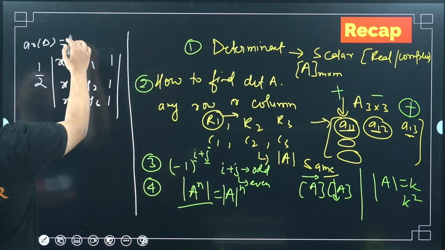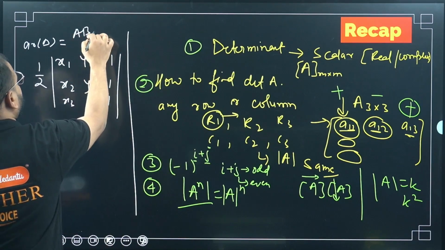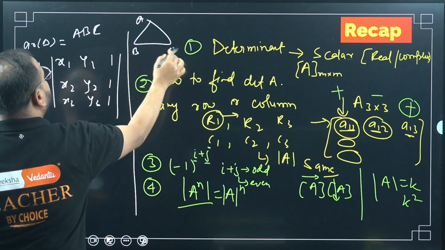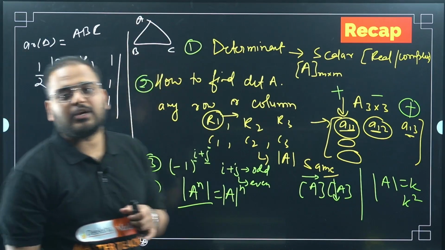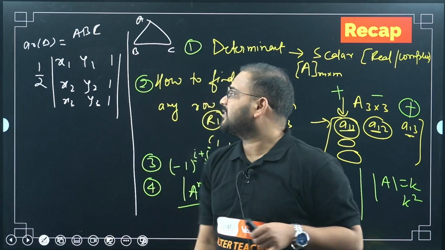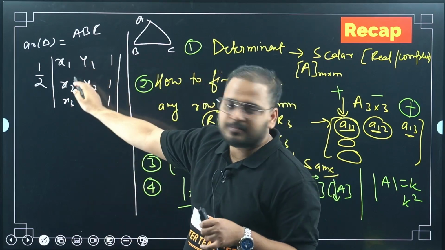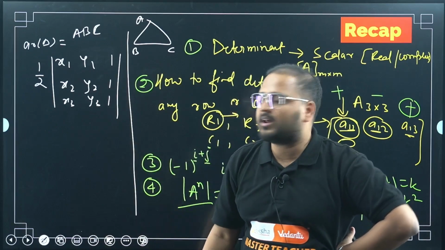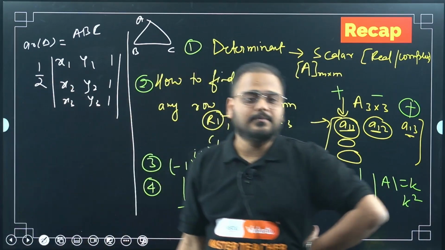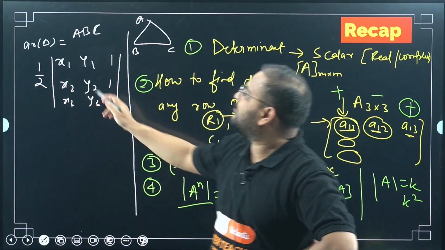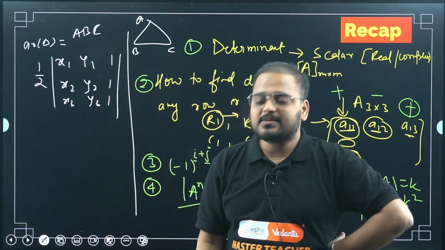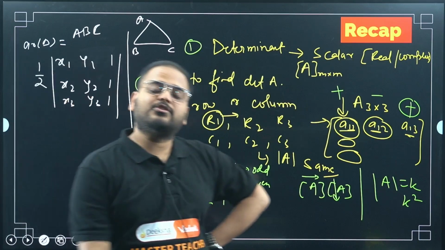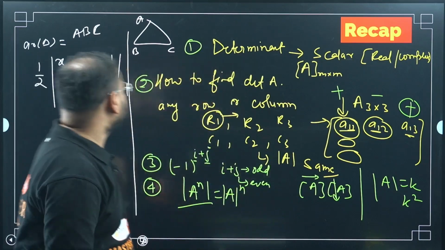For a triangle ABC, the coordinates were given as x1 y1, x2 y2 and x3 y3. If this was given, then we can find the determinant of this matrix and multiply 1 by 2 to it, then we get the area of triangle. Remember this, how we did this derivation in the previous session? If you need to know, make sure that you watch that video and come here to continue from here.